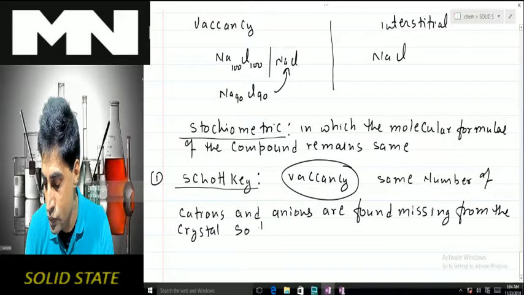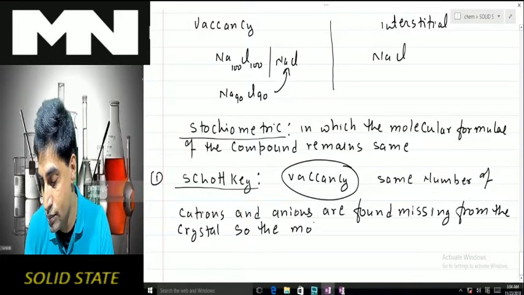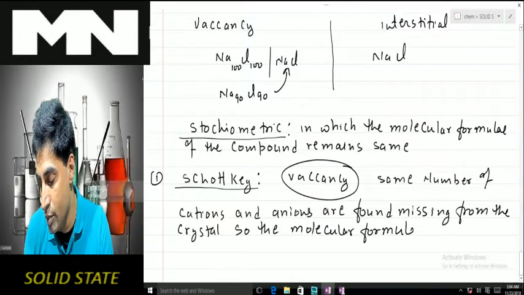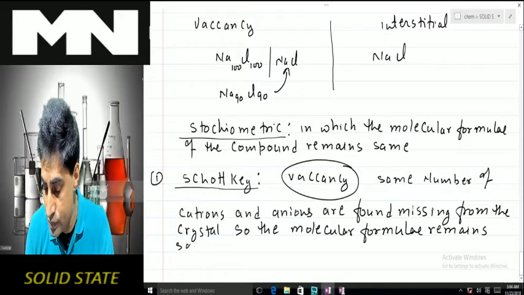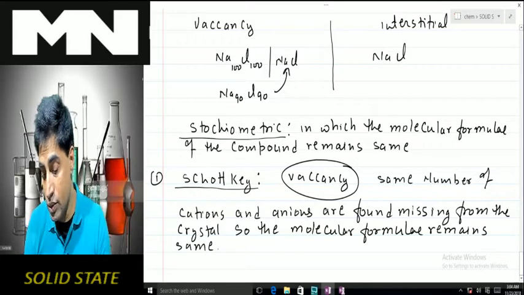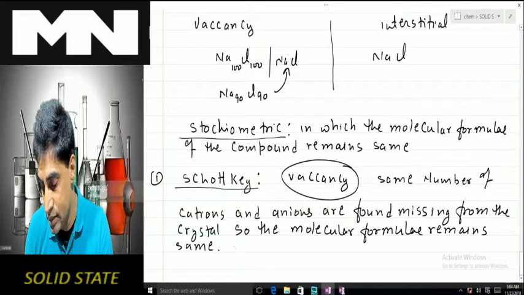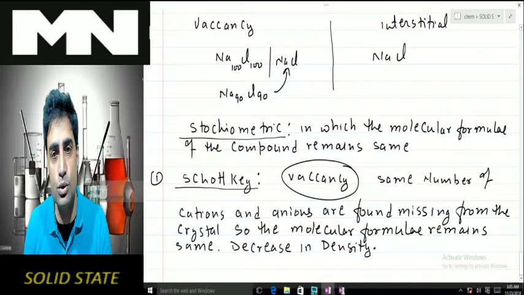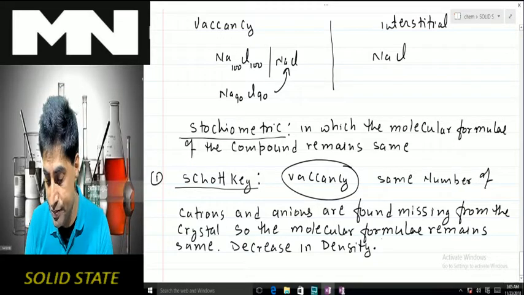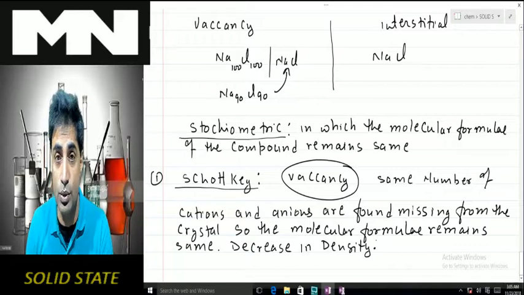So the molecular formula remains same. But Schottky imperfection always results in a decrease in density. As you can see over here, the number of ions per unit volume will decrease, so the density will decrease. All types of crystals can exhibit this type of imperfection. So this is what Schottky imperfection is. It will lead to a decrease in density.